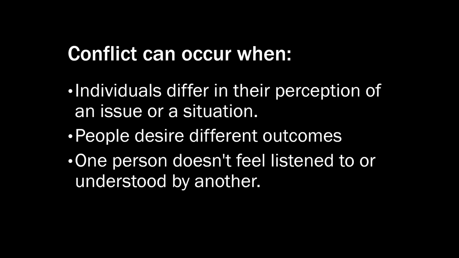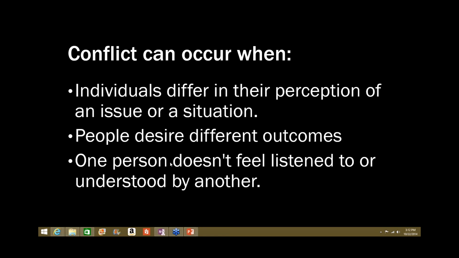Conflict can occur when individuals differ in their perception on an issue or a situation. People desire different outcomes, and one person doesn't feel listened to or understood by another.